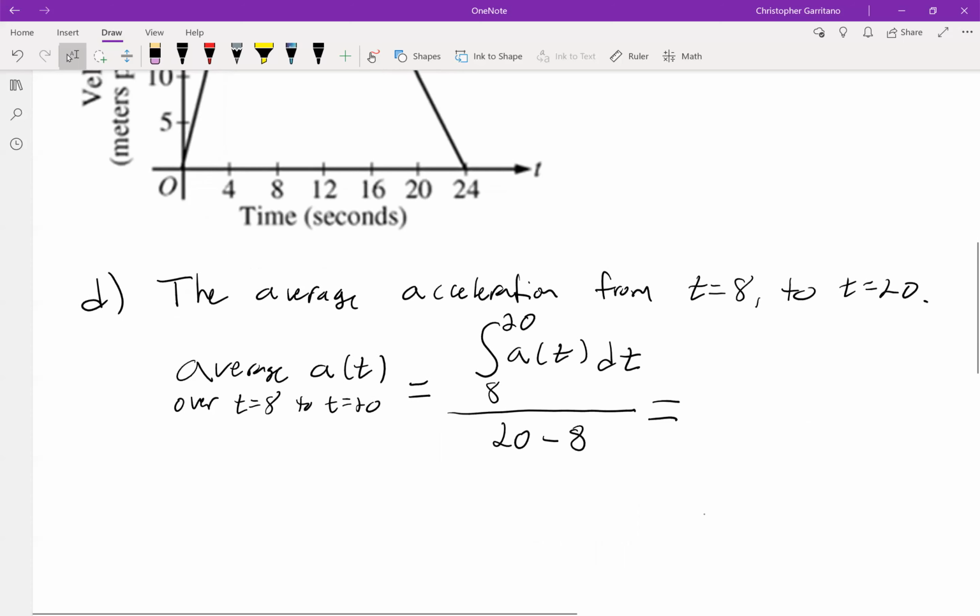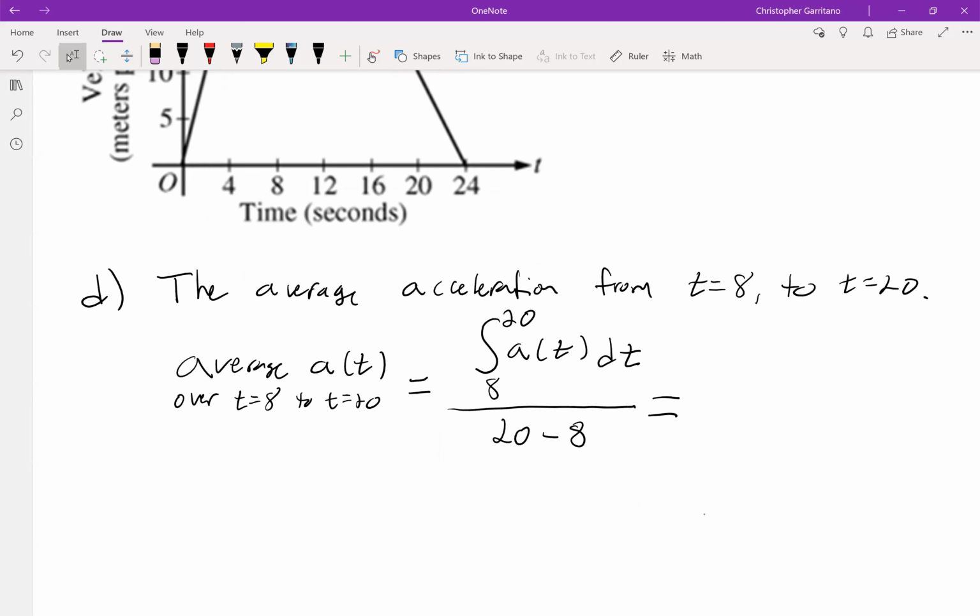Well, the fundamental theorem of calculus part 1 tells us this numerator is the antiderivative of acceleration evaluated at 20 minus the antiderivative of acceleration evaluated at 8. Of course, the antiderivative of acceleration is velocity. So I'm going to rewrite this as v of 20 minus v of 8 all over 20 minus 8. Now this should look familiar to you.